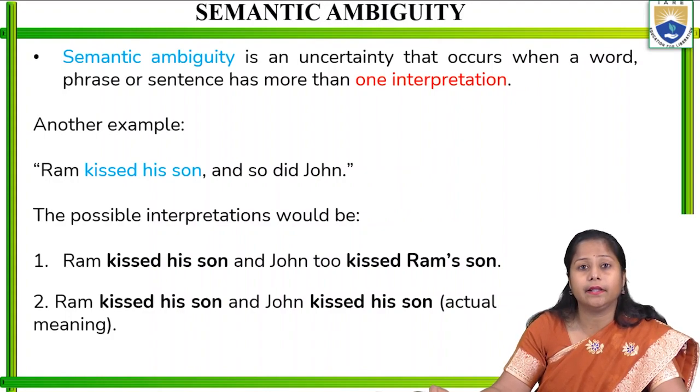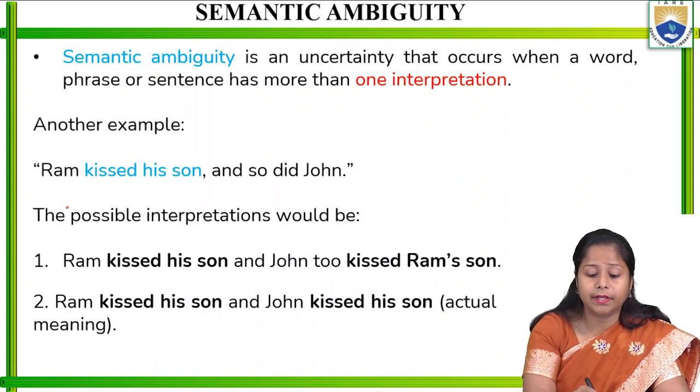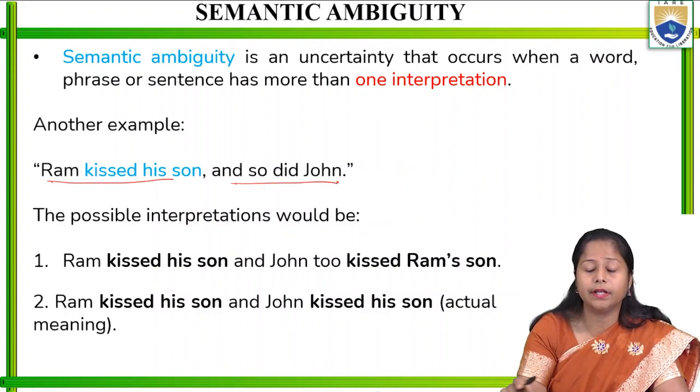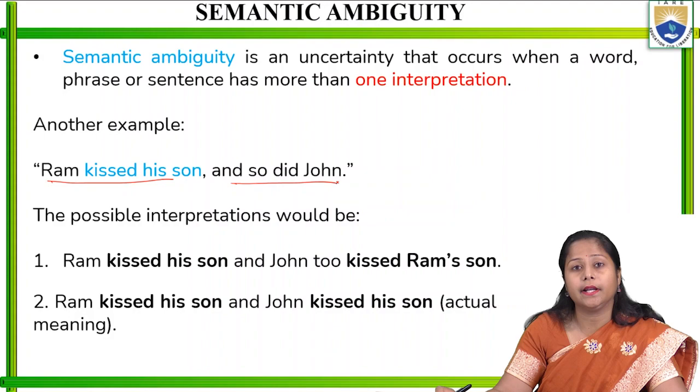Let's take another example: Ram kissed his son and so did John. So here again is another type of sentence. Here one person is doing one thing and another person is doing whatever the first person is doing, likewise. So the interpretation can be there.